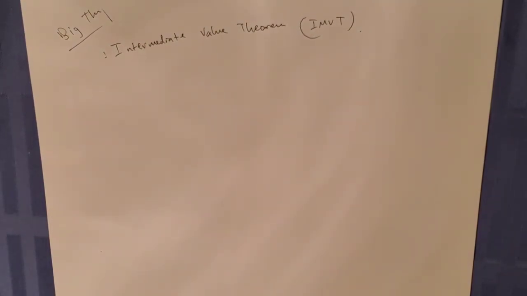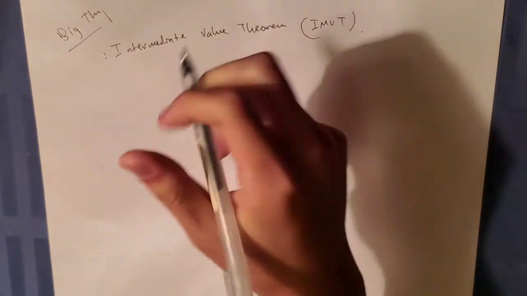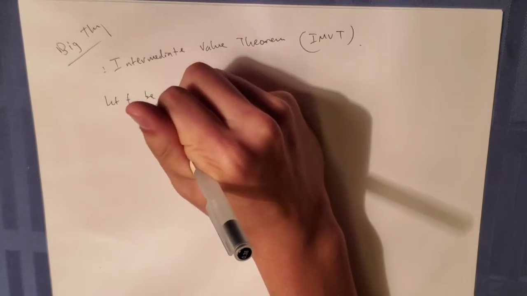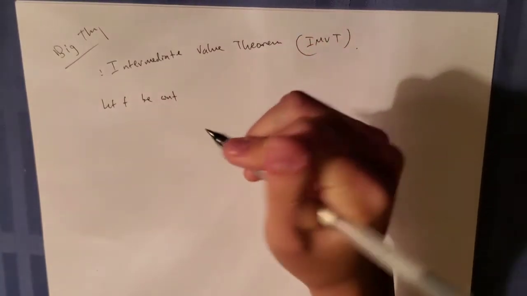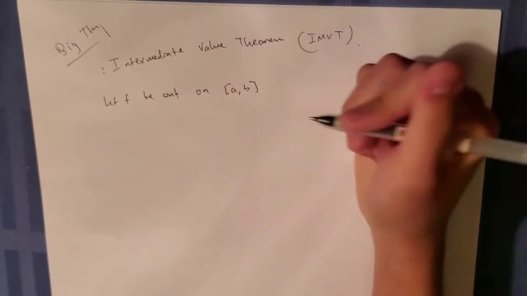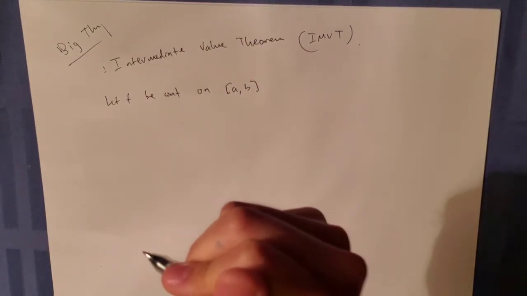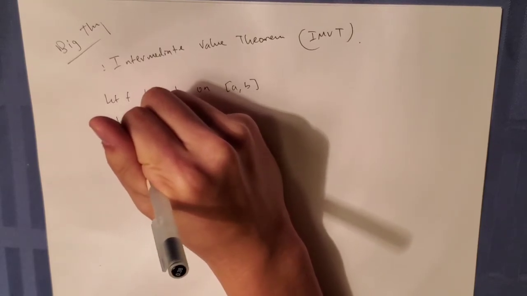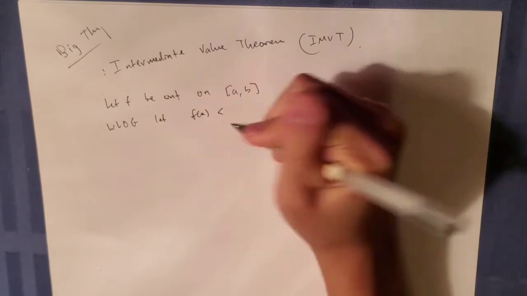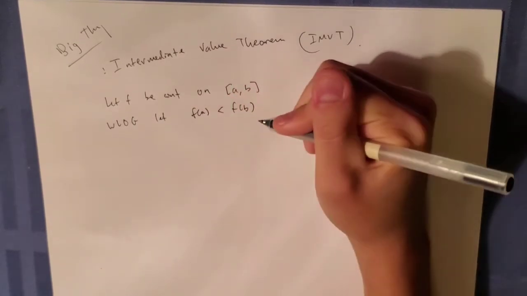Let's see. So we need to have first some definitions. Let f be continuous on the closed interval a, b, and without loss of generality, let f of a be strictly less than f of b.